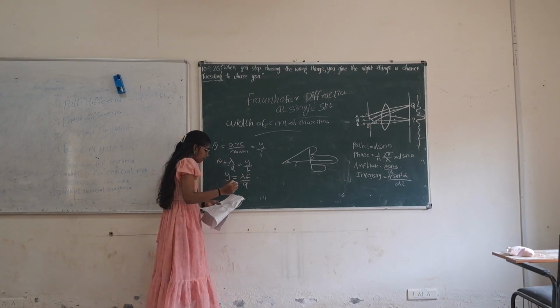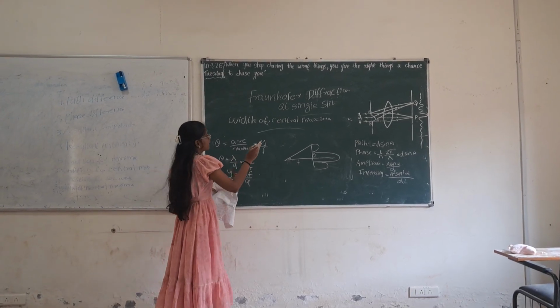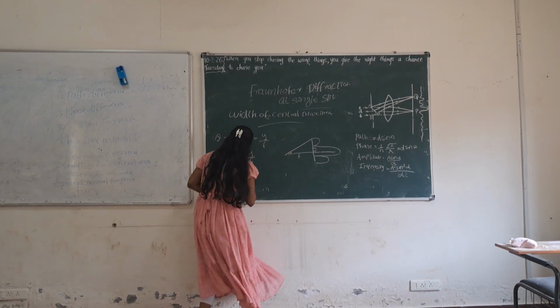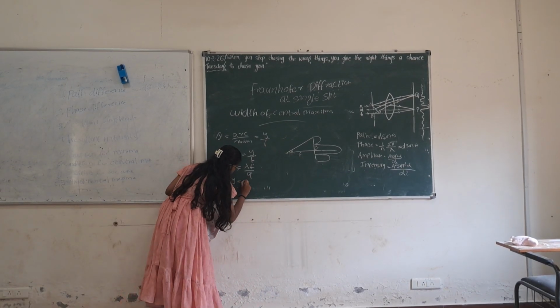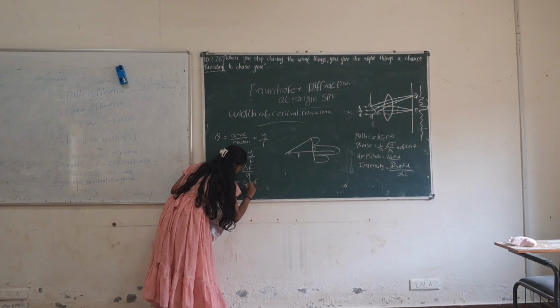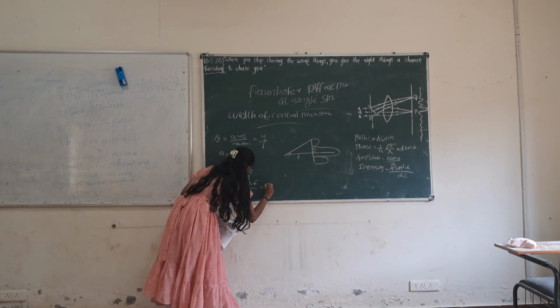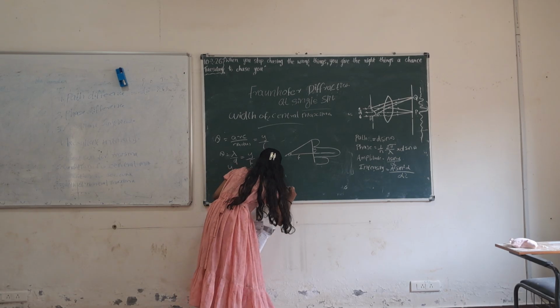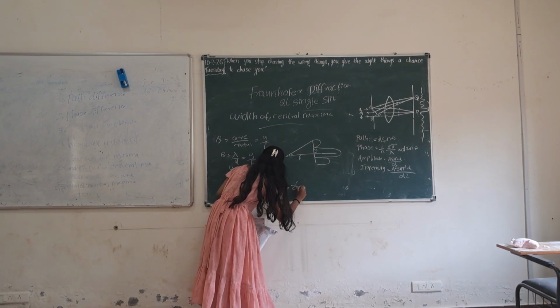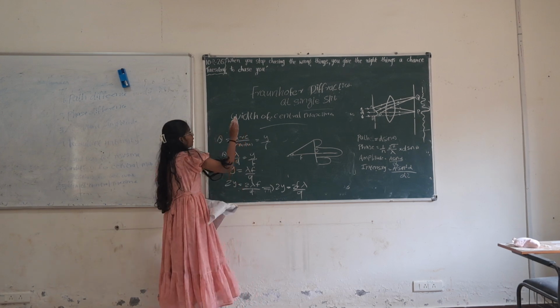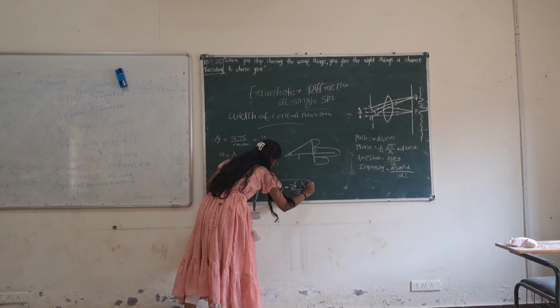This is y, we want 2y. 2y is the width of the central maxima. So 2y is equal to 2 lambda f by d. This is the equation for width of central maxima.